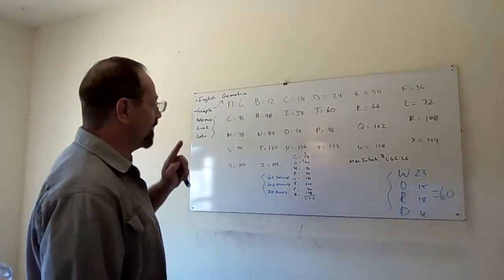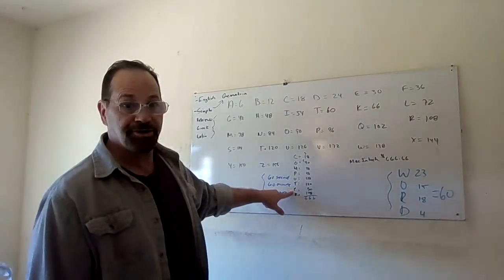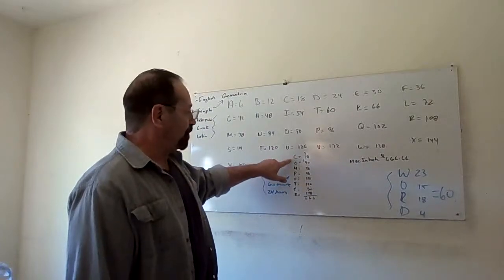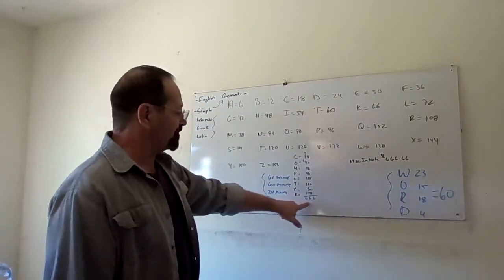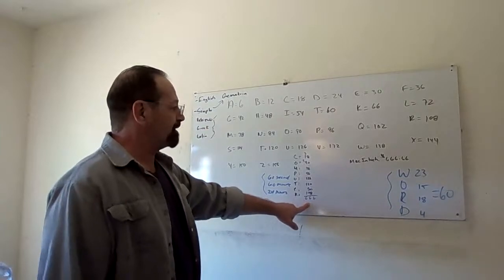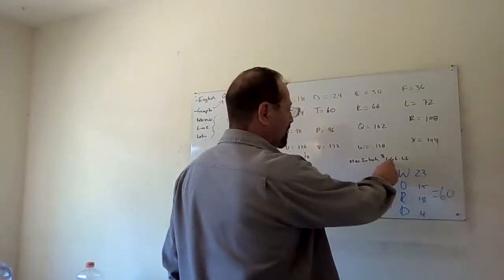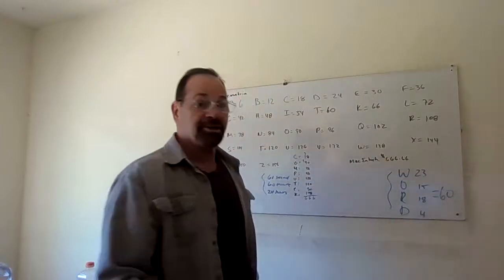Before we move on, I want you to take note of this word, computer. I'm hoping that you guys will be able to see this. The word is computer, and using the English gematria, computer comes to 666. Also make a note that Macintosh is $666.66.